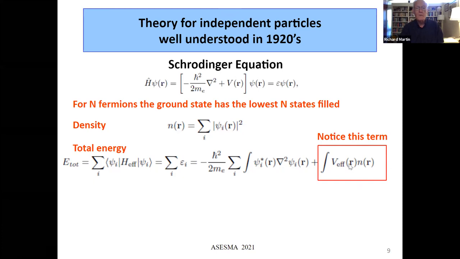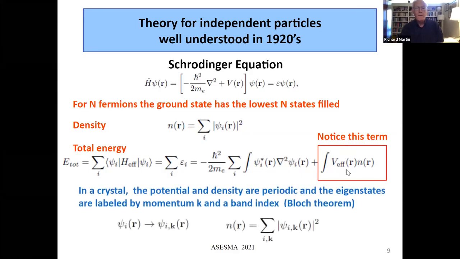It always has the form of just the integral of the potential acting on the electrons and the density. I've written the effective potential because the question in actually using this is, what potential do you use? If you want to describe some complicated system, in general, you have to come up with the effective potential.